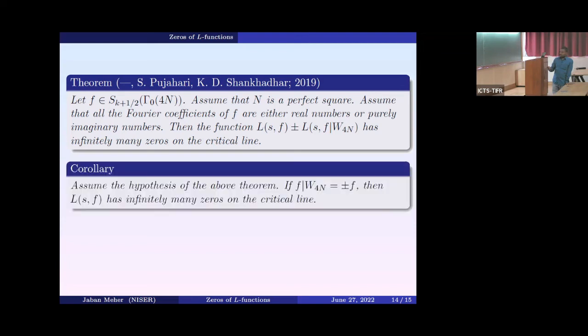As a corollary, we get a similar result: assume all the hypotheses in this theorem, and if it is plus or minus f, either f or minus f, then if you substitute here, you get that L(s, f) has infinitely many zeros on the critical line. Why we were not able to do this in the previous case was that we don't use exactly the method of Hardy. We use some variant of Hardy's method.